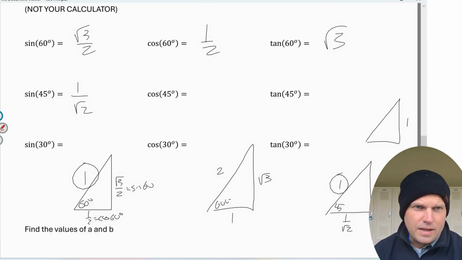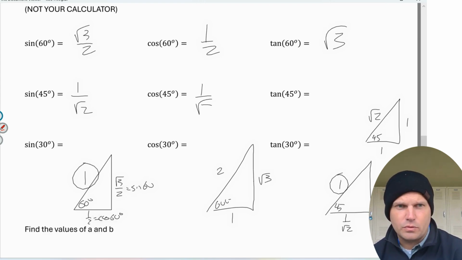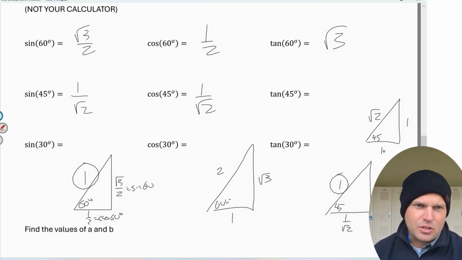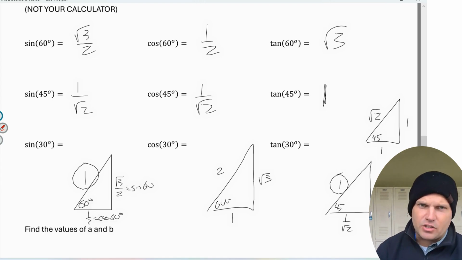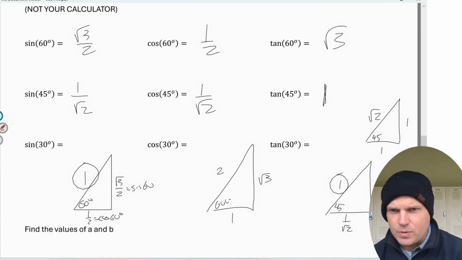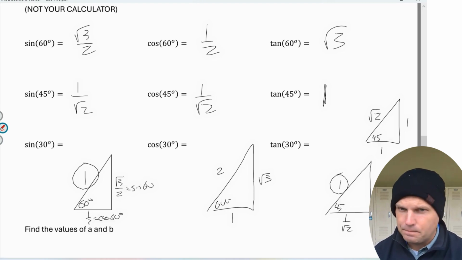If you want to make this 45, 45, 90 triangle the 1, 1, root 2, then you can see adjacent over hypotenuse would always be 1 over root 2. What about the opposite over the adjacent? Oh, 1. Since it's a 45, 45, 90 triangle, the side lengths are the same, so the ratio is 1 to 1.